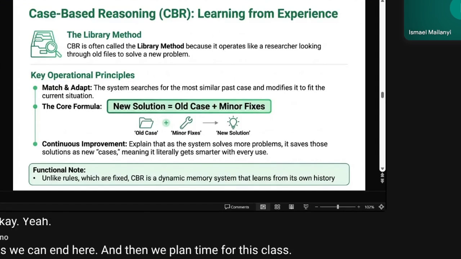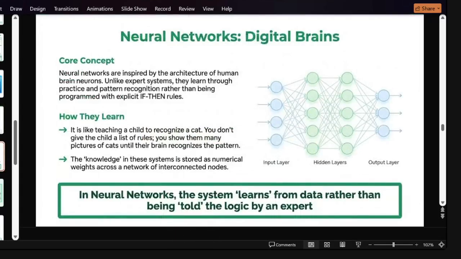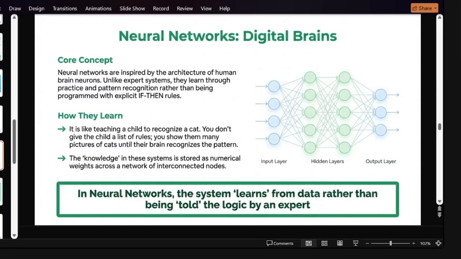Perfect. So Nicole, on to the next slide. So there is also the neural networks, which are digital brains. The core concept is that neural networks are inspired by the architecture of human brain neurons. Unlike expert systems, they learn through practice and pattern recognition rather than being programmed with explicit if-then rules.